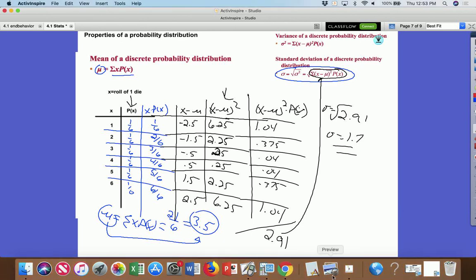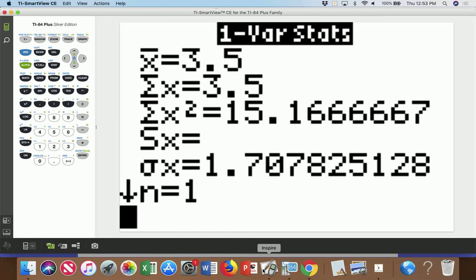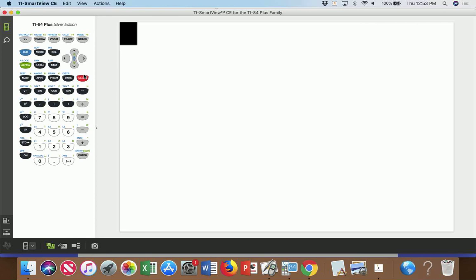Okay, so let's try to do this on our calculator. Try to remember, how did we enter the data in? Take a guess what button I should hit.